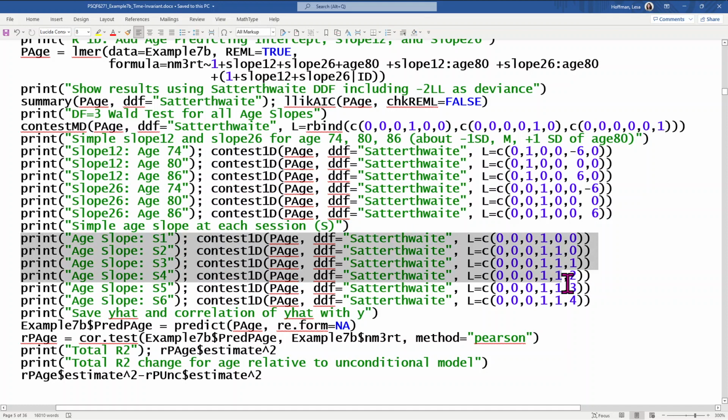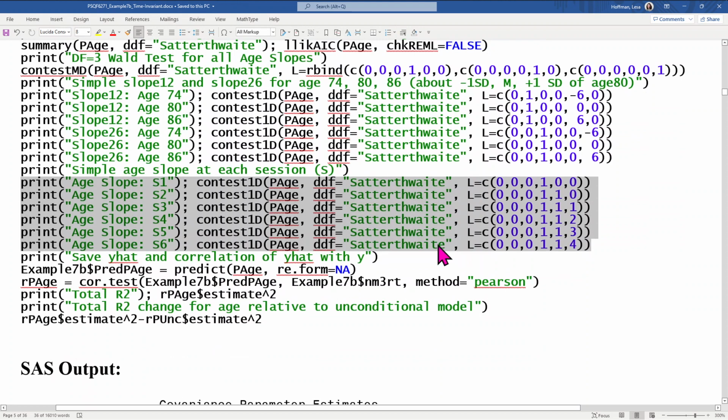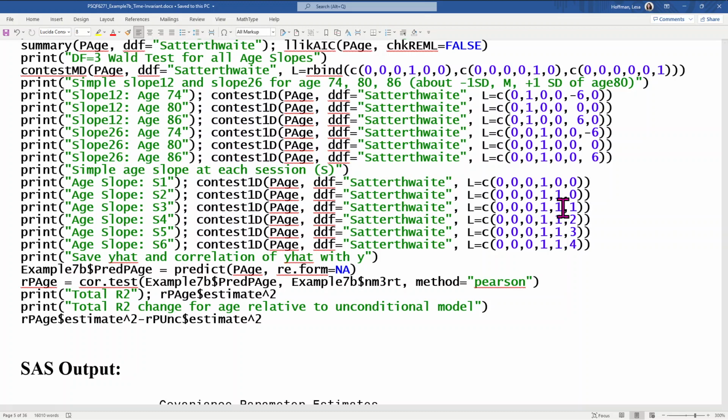Then the age slopes, same idea, but from the opposite perspective. I have a 1 in the fourth column all the way down because each age slope starts with what the main effect of age is. And then the multipliers of the interaction term give the coded value for that occasion when computing the slope.